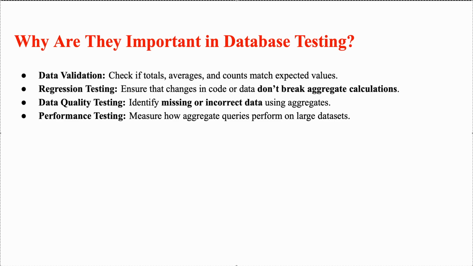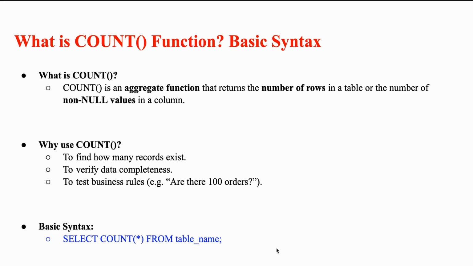And they are super useful for data quality testing, helping you spot missing or incorrect data. Finally, you can even use them in performance testing to see how well your aggregate queries run on large datasets.